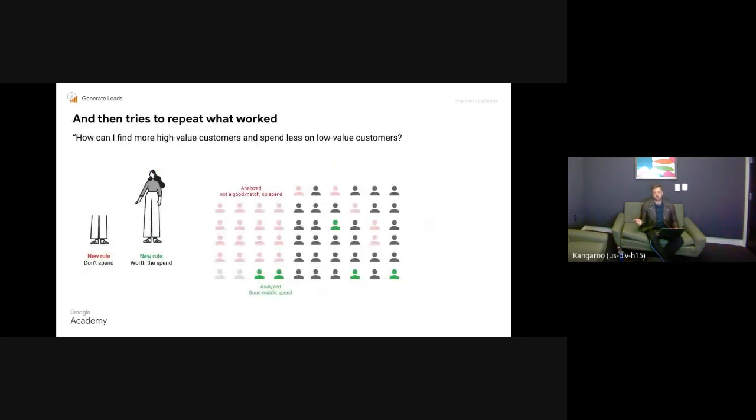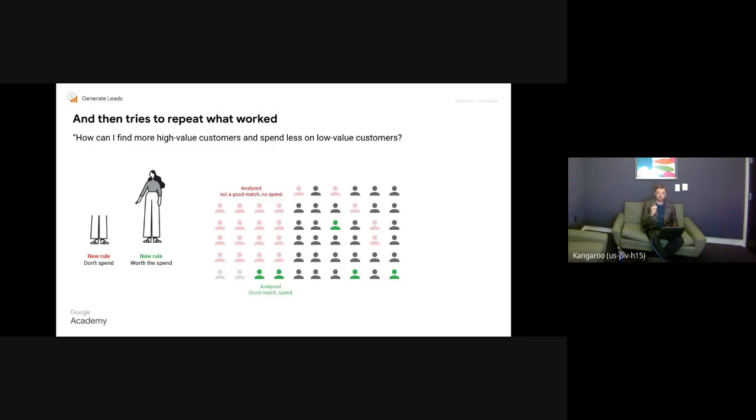It creates rules that create a feedback loop. If we can tell Google what that closed deal customer looks like, it will take that information and say, okay, next time someone Googles online broker or software as a service platform, let's match that against customers that have already completed the whole closed deal process.